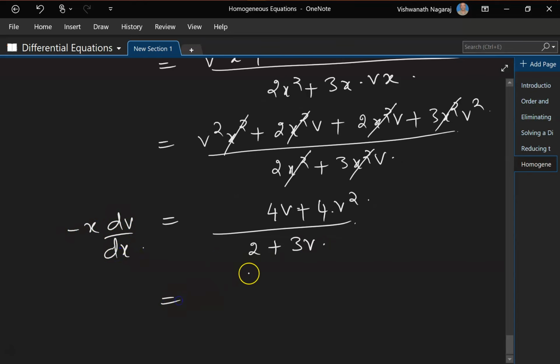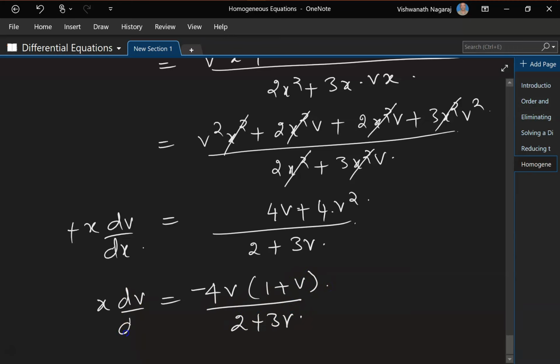Okay, here we can take 4 out and we can bring this minus back to this side. Minus 4v plus v square also, which means v also we can take minus 4v times 1 plus v by 2 plus 3v x dv by dx.